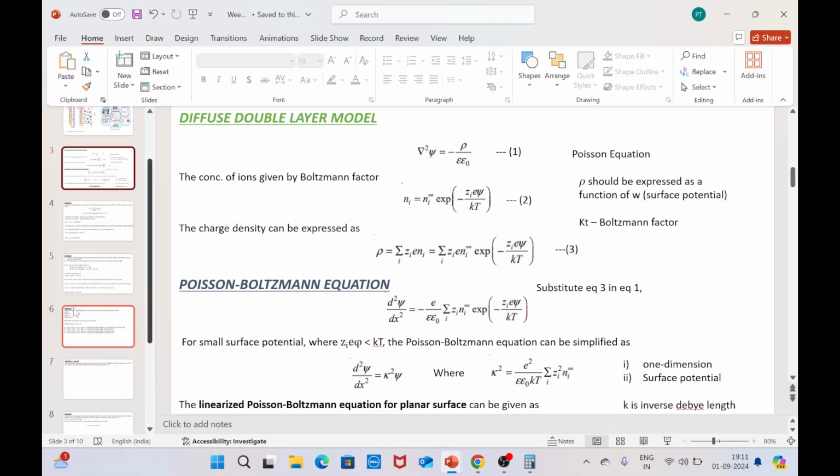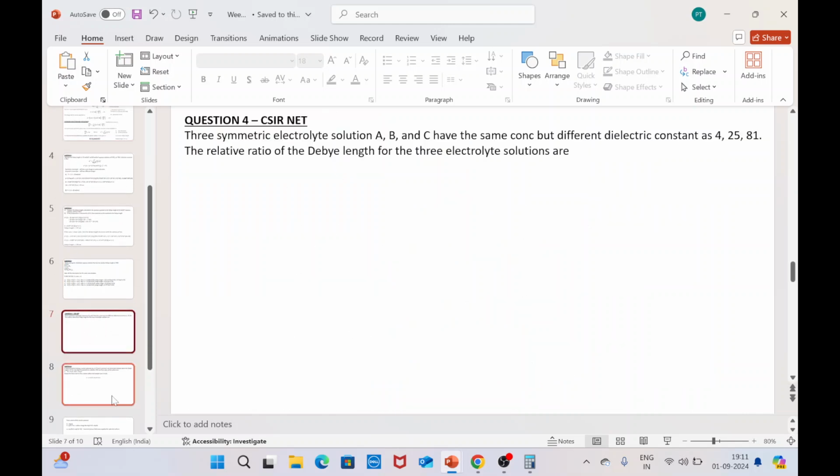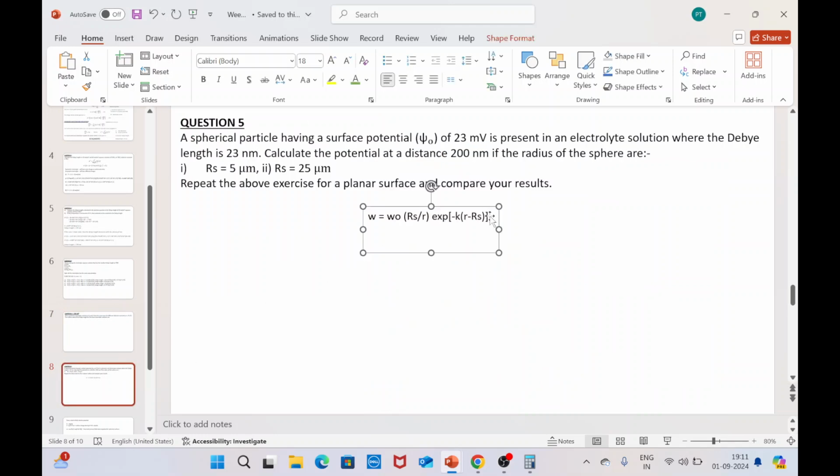If you calculate at 298 Kelvin, your psi value should not be greater than 25.7. If it is greater than 25.7, then this expression is invalid. So psi should be less than 25.7, then the above expression is valid.